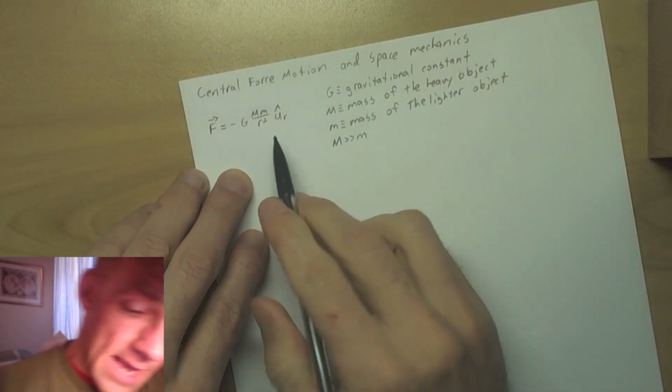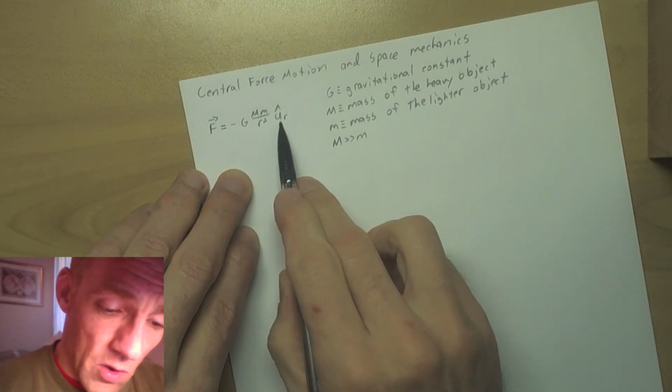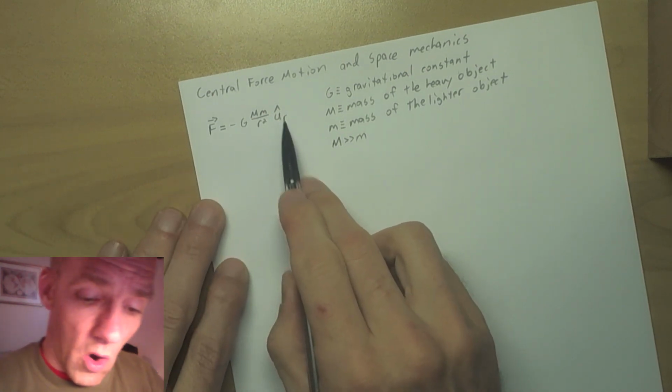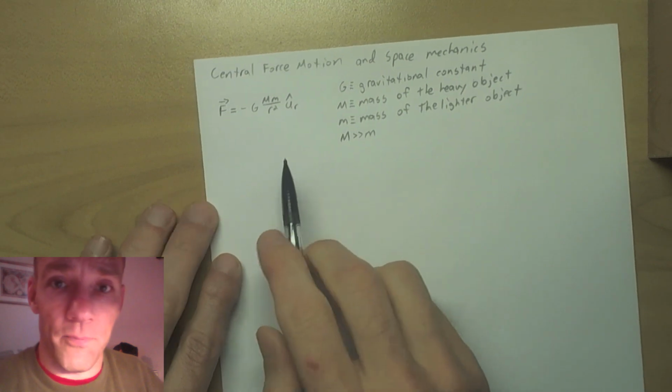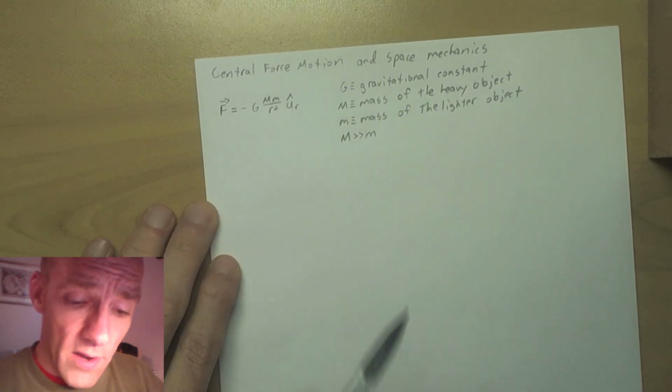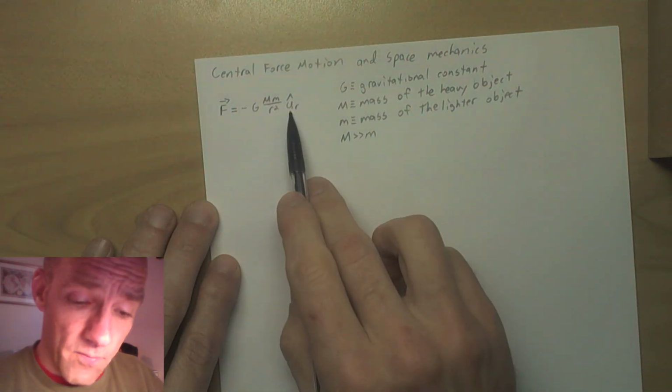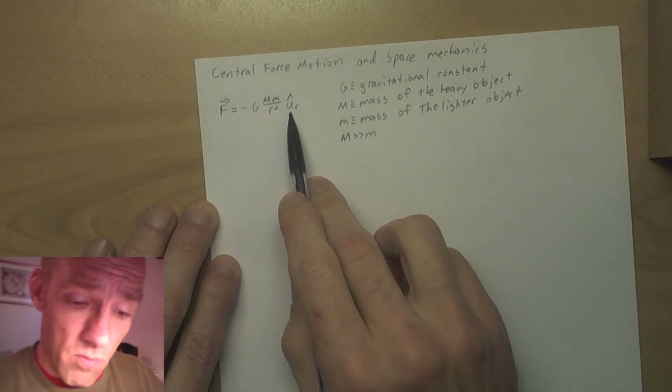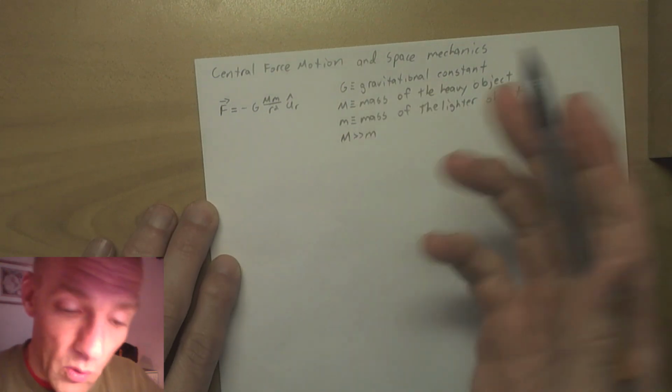And then r hat here is the radial unit vector. It's given in polar or cylindrical coordinates.